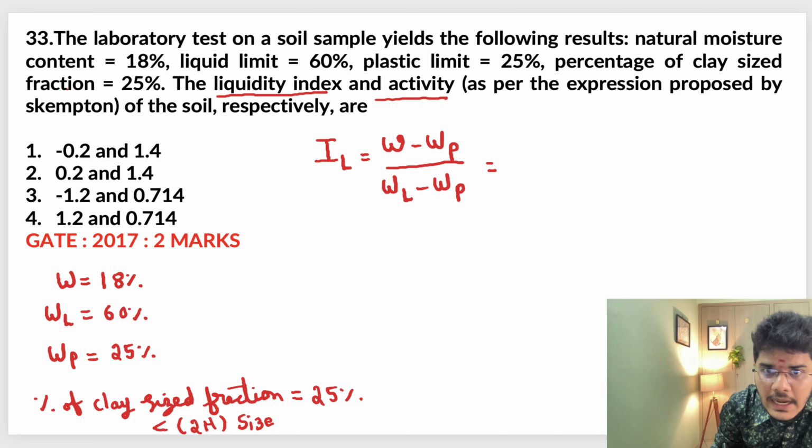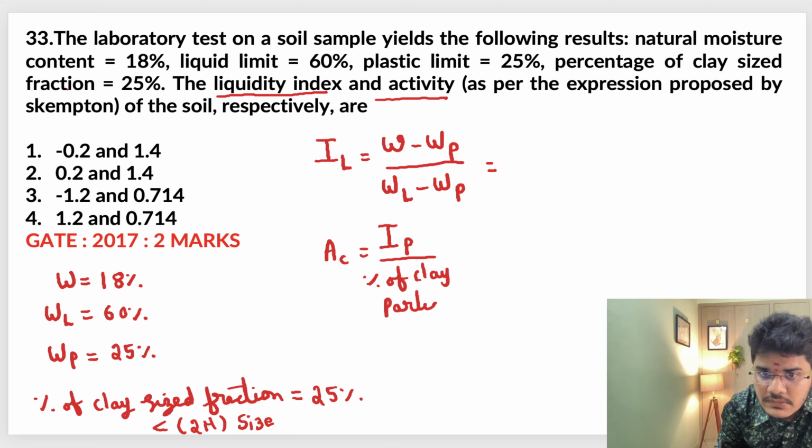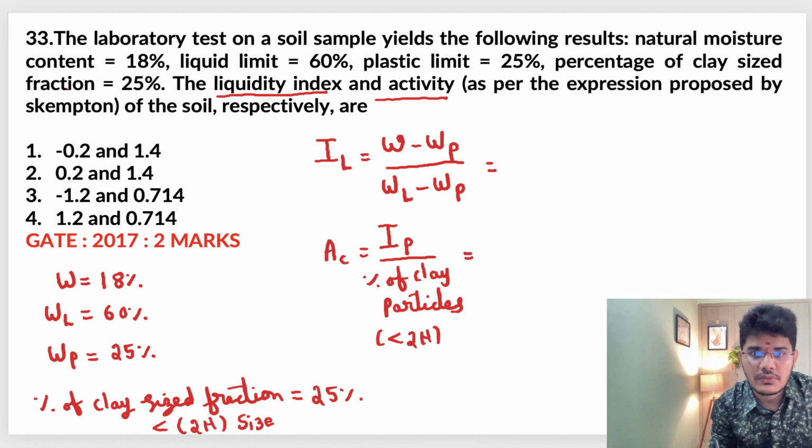Next one, activity number A suffix C is equal to a function of I P and the percentage of clay particles or clay sized fraction, which is less than 2 micron. Every data we have, we just have to substitute.